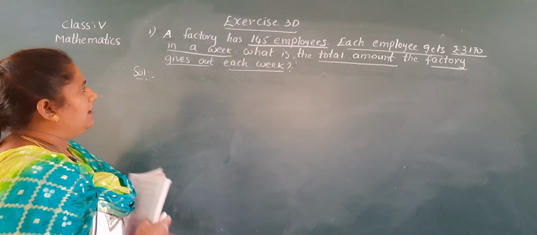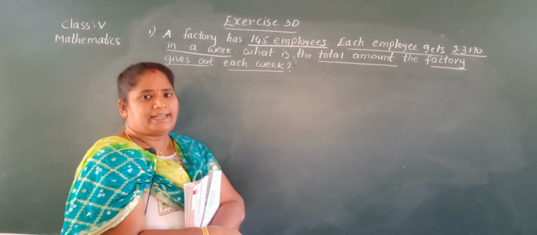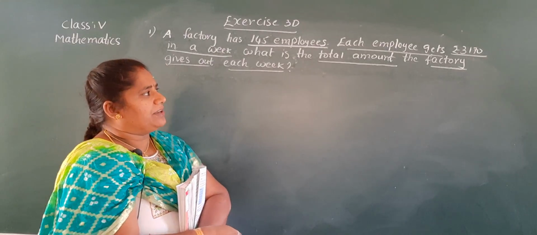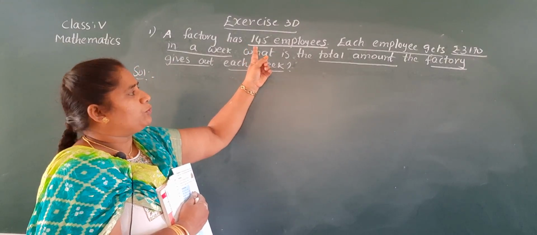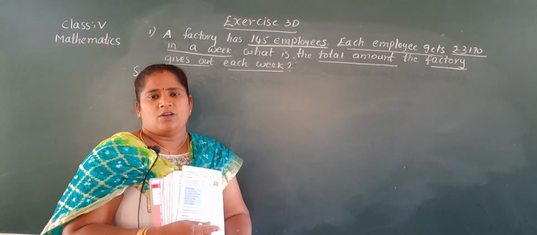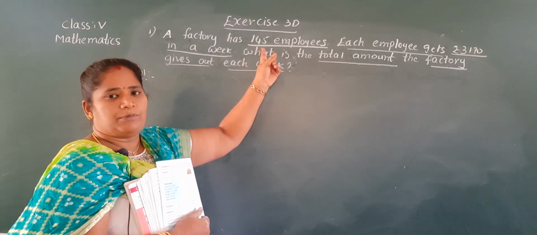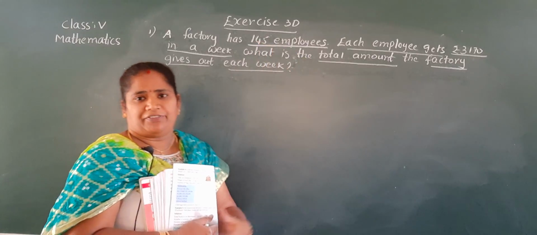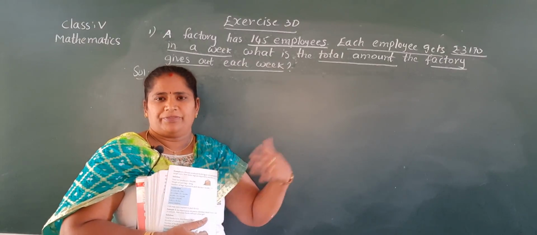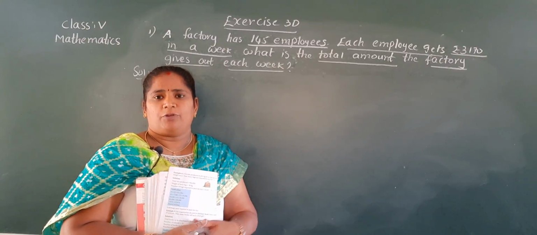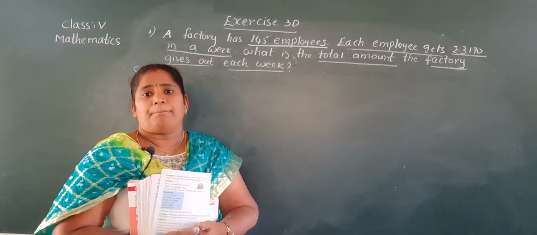Yes, write down first one. See here, children, one employee's amount is given, and we have to find the amount given to 145 employees. What do we do here? One employee is given and we are asked to find the amount for 145 employees. Here do we do multiplication or division? In the before note I told, the value of one item is given and we have to find out the value of more items, we do multiplication.